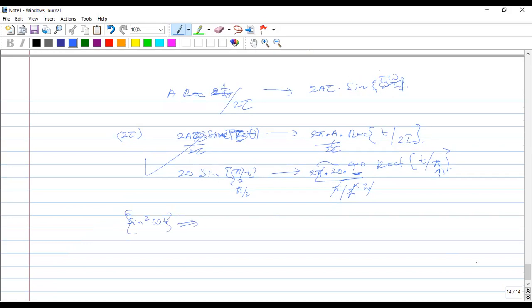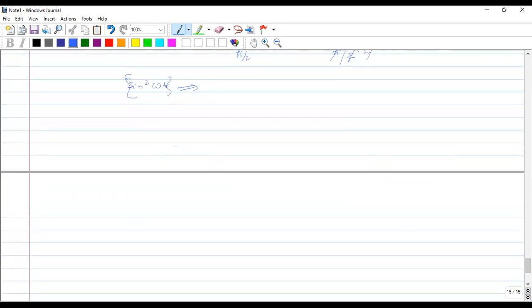This is somewhat lengthy, because first you have to evaluate the Fourier transform of this kind of rectangular pulse. So how to evaluate this Fourier transform?